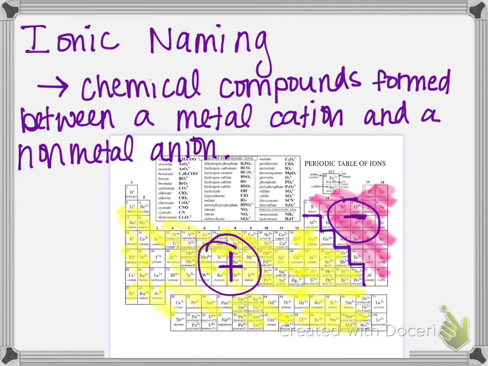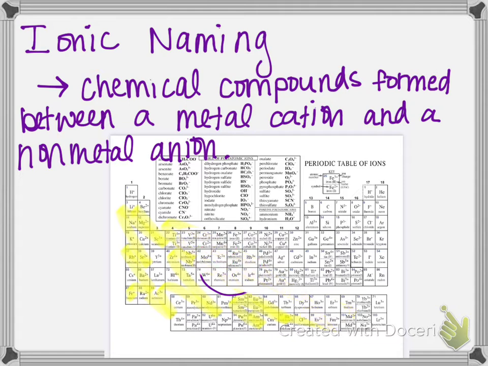All right, so what I want us to look at now is how these charges kind of come about, so we have a better idea of how these charges are determined. Okay, so let's look over here first in group 1. Look at group 1 on your periodic table of ions. Every single element in that group has a charge of +1.